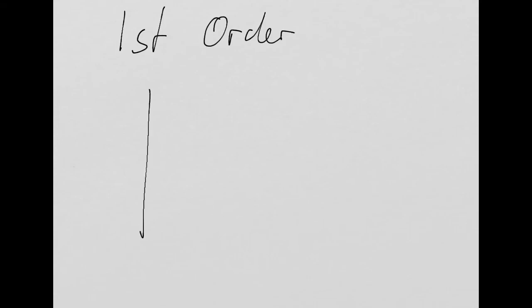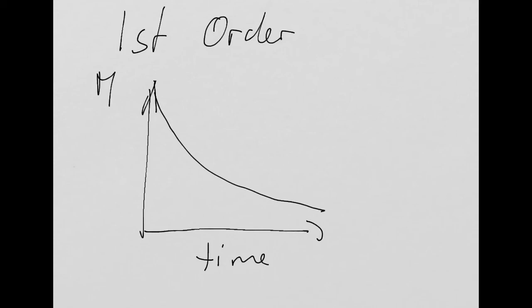For a first-order reaction, we draw exactly the same graph, Maltesers against time, and we see that it is a curve like that. Yeah?